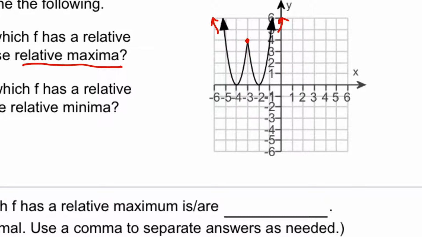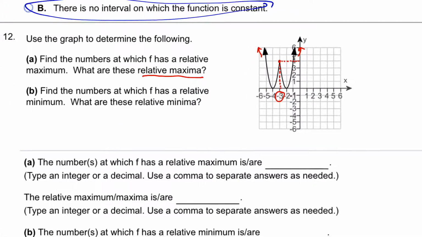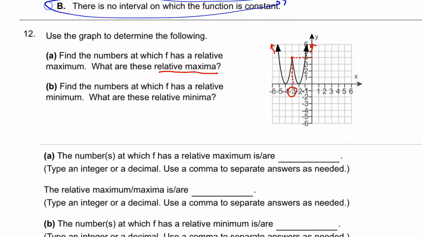Okay? So remember, there's always two numbers to every coordinate. We have the location, which is -3, and then we have the height. Okay? So when it says, what are these relative maxima, it says find the numbers at, that's at the location, which F has a relative maximum.